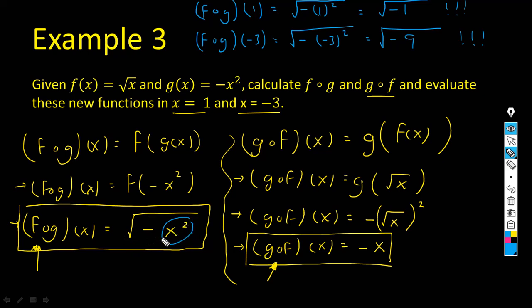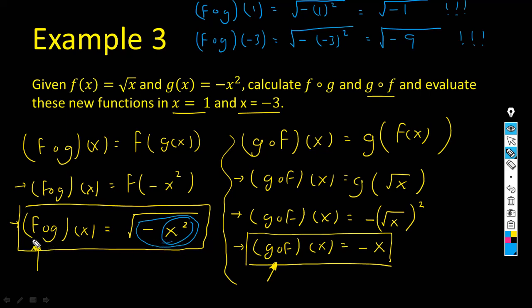But this number that I'm circling right now, for any x, will always be positive, no matter what x, because it's being raised to the square. So we will always have the square root of the negative of a positive number. So all of this in the end will be a negative number, no matter what the x is.